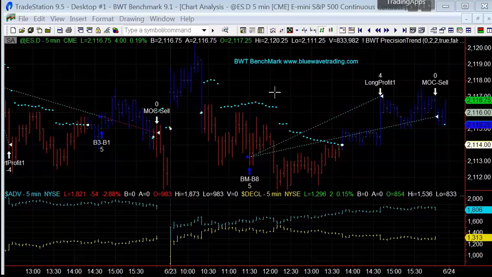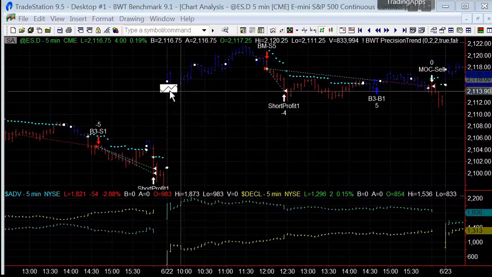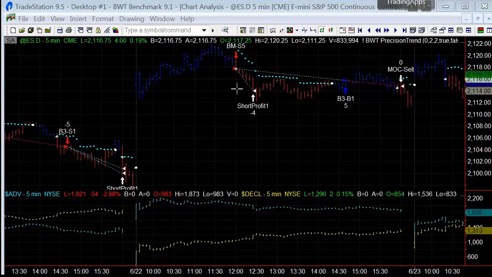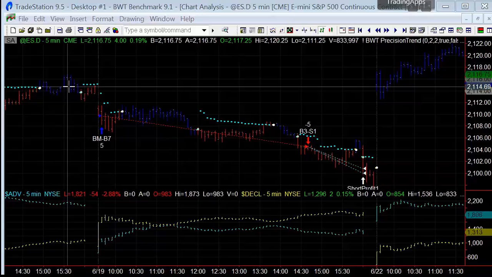The chart I'm showing here is the default settings, and I'm just going to show some trades from the month of June. I'm going to go back. This is today. Yesterday, Monday the 22nd. This is Friday the 19th.